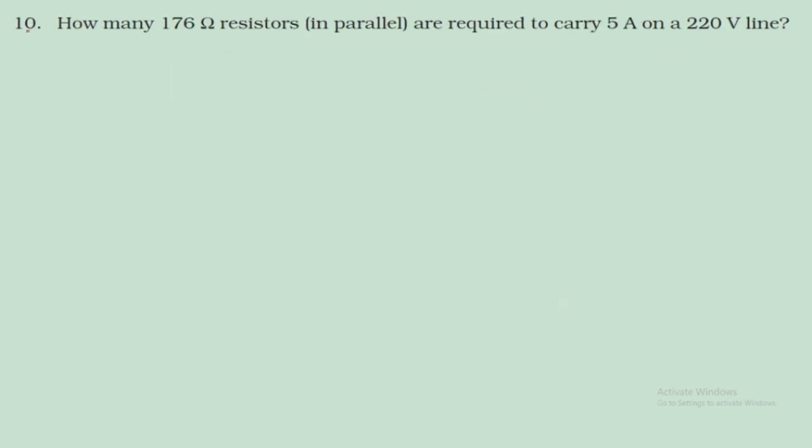Question number 10. How many 160 ohm resistors are required to carry 5 ampere on a 220 volt line? So I is given, that is 5 ampere, and V is 220 volt.